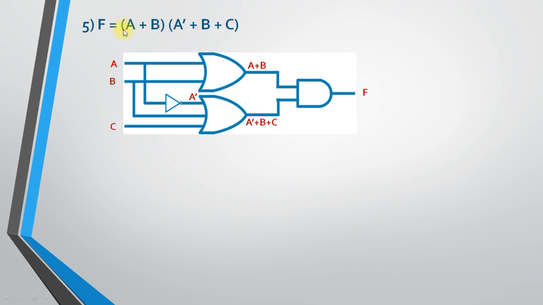So for that I have placed these two into round brackets. In the first term we have two inputs, A and B. In the second term we have 3 inputs, one is called B, second is called C. The value of A is inverted, so I have placed one NOT gate over here to get the value of A dash, B and C. It is passed inside the OR gate, and OR gate means plus sign, so A dash plus B plus C will be passed inside the AND gate.